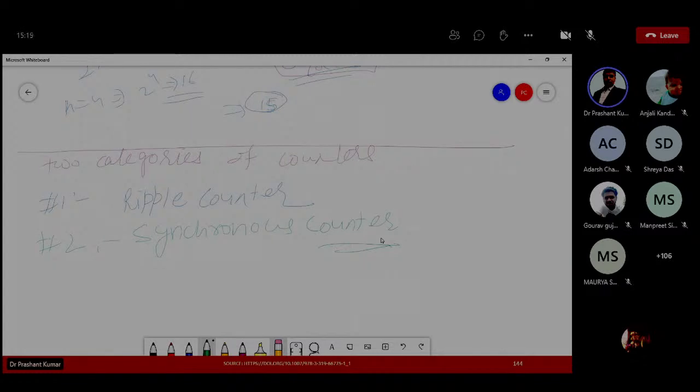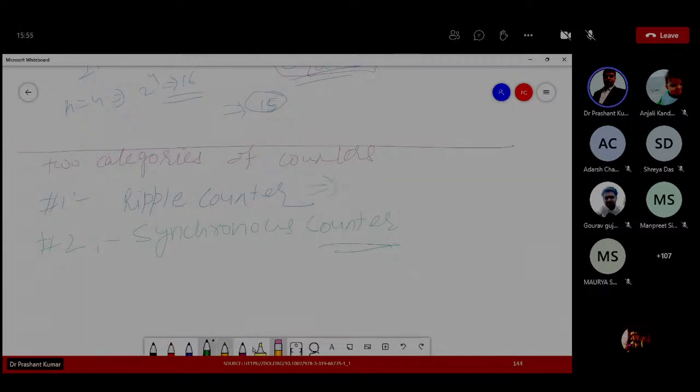The inputs are triggered with different clocks. And in a synchronous counter, the inputs of all flip-flops receive the same clock.